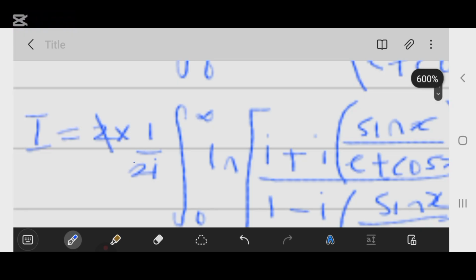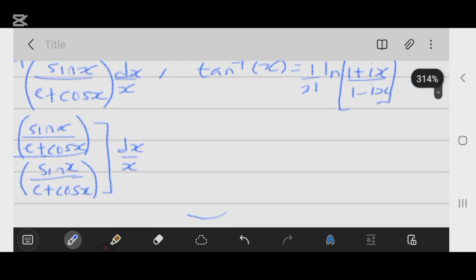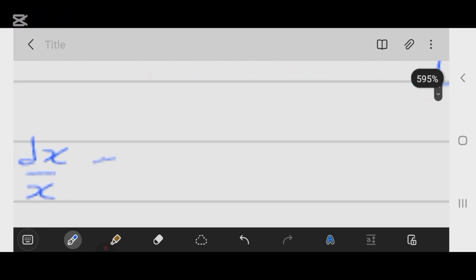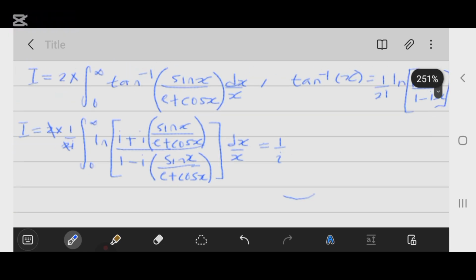These two smoothly cancel out. Now I'm left with 1 over i multiplying my integral.